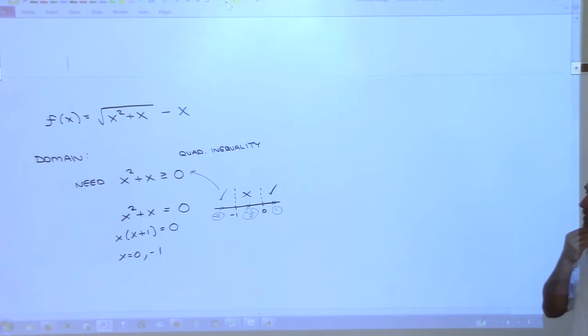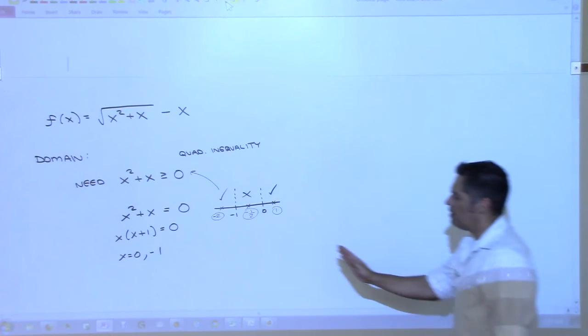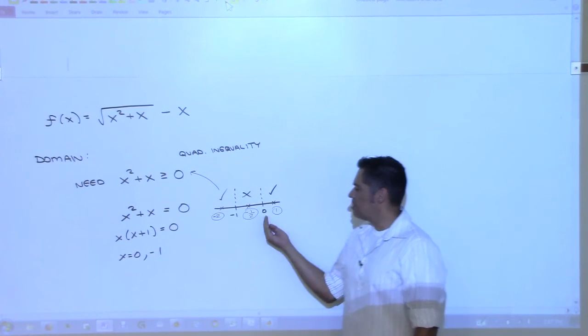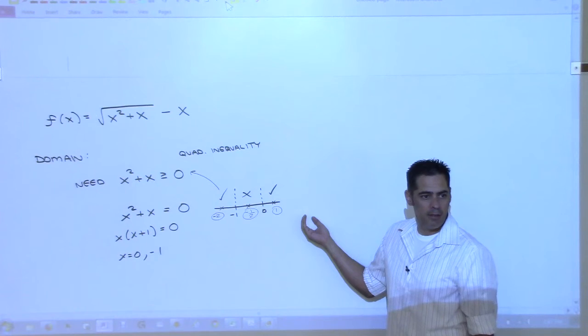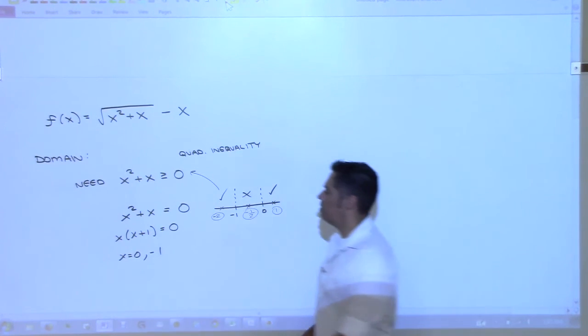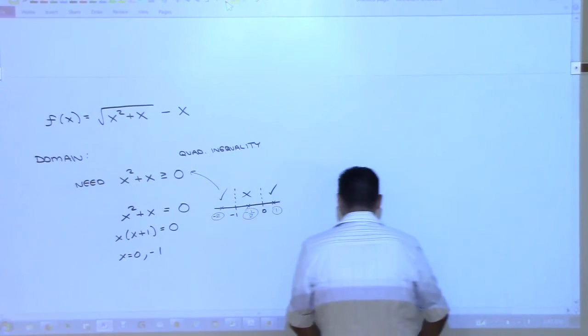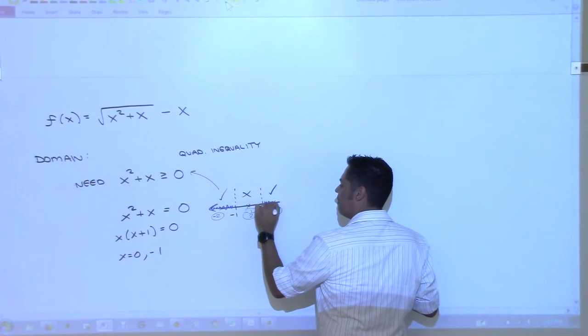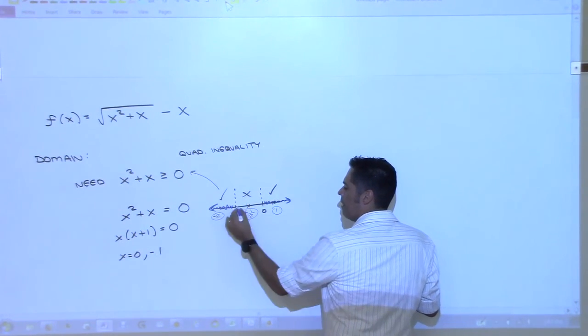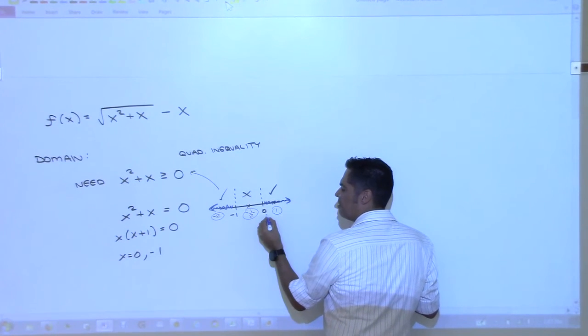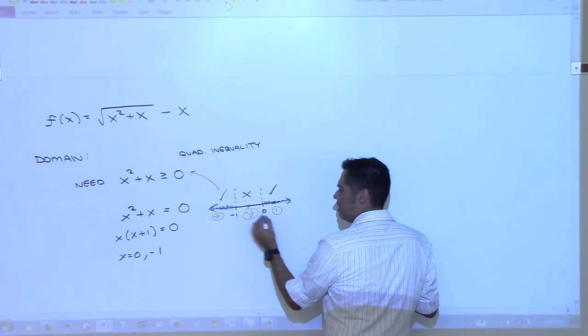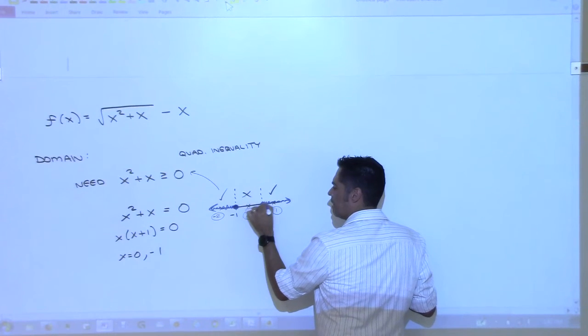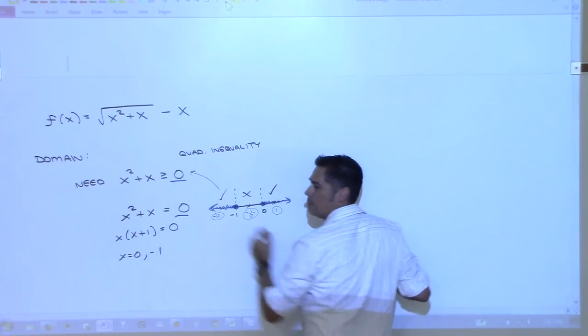So that tells me that anything to the left of -1 and anything to the right of 0 works, right? So the domain of this function is everything over here, forever, everything over here, forever, and then what about -1 and 0? Do I include those or not? Yes, because it's okay to equal 0, right?